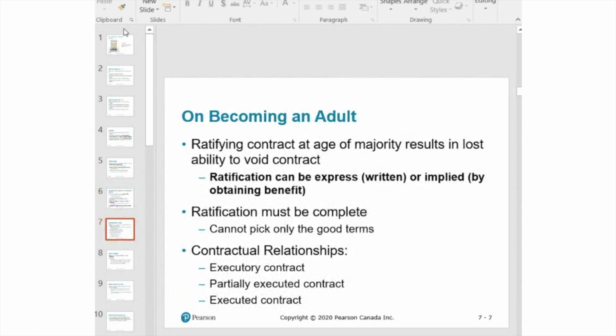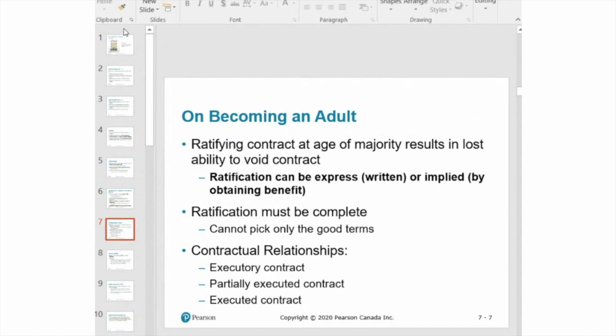Whenever a minor becomes an adult, if they keep on using the services or have the products under the contract, then the contract becomes binding. Let's say a minor signed a contract for a gym club at 18, and the minor turned 19 last week, and keeps on going to the gym.